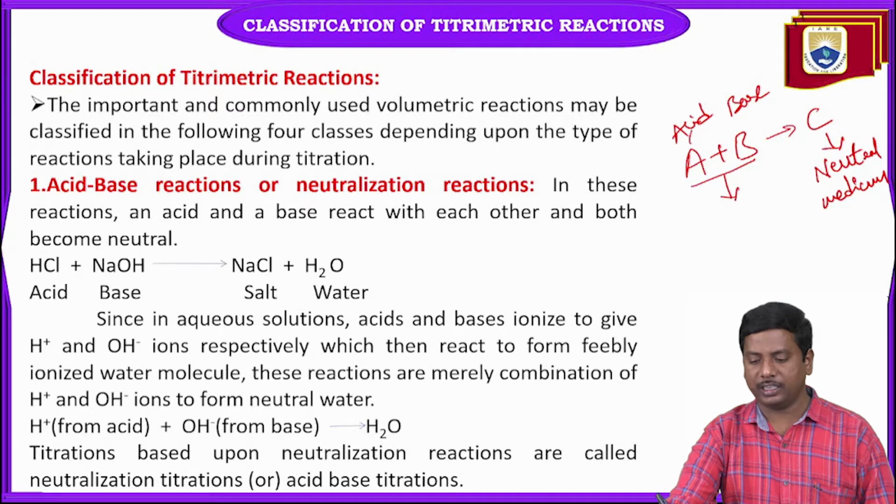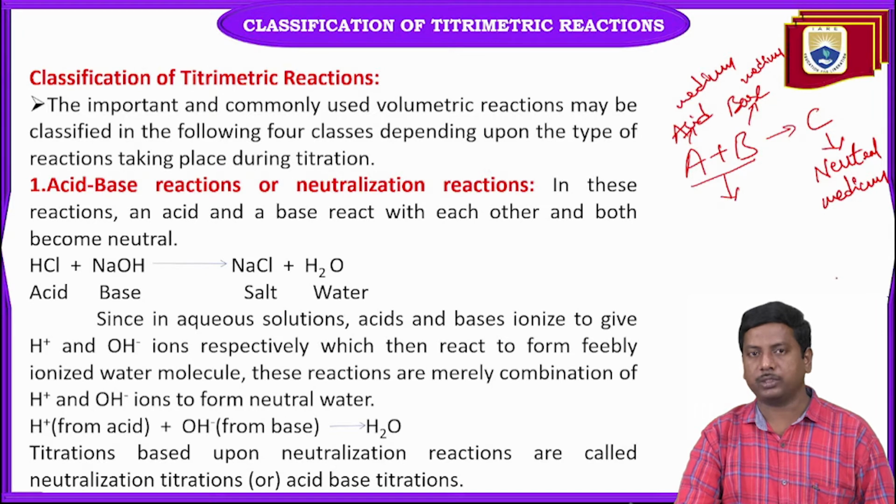So the reactant A is an acid medium, reactant B is a base medium, and product C is a neutral medium. That's why this is called a neutralization reaction. Depending upon the type of chemical reaction, it is finalized as an acid-base or neutralization reaction.